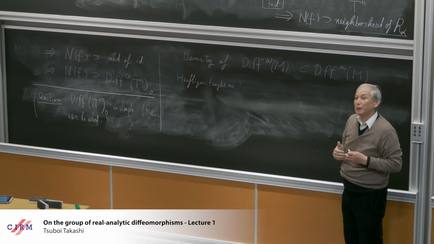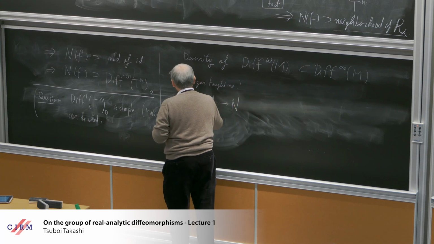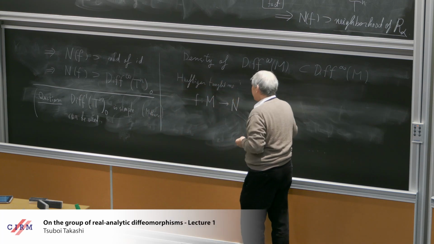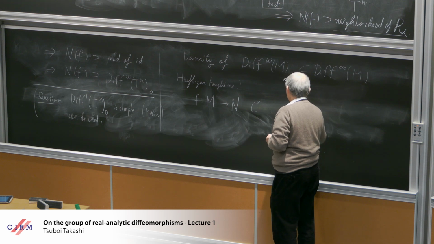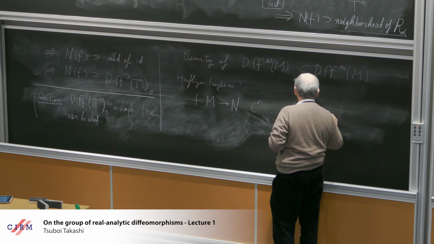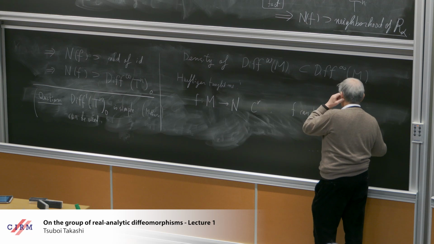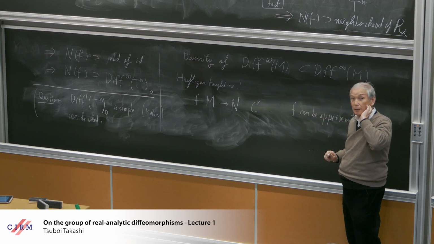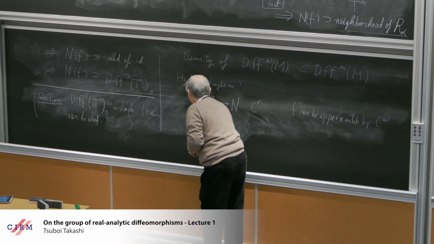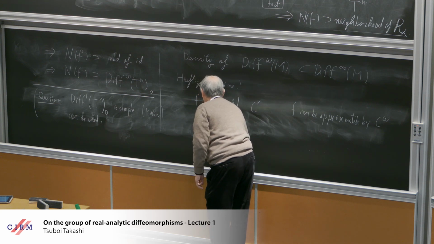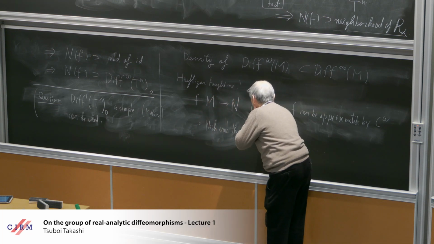How do you prove it? If you have a mapping Mn, it can be maybe CR, and F can be approximated by a C omega map. And the proof uses, I think we call it, the Nash embedding theorem for C omega manifolds.